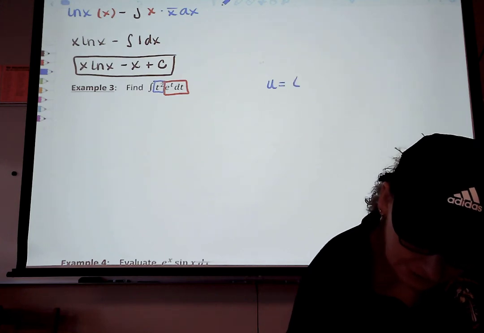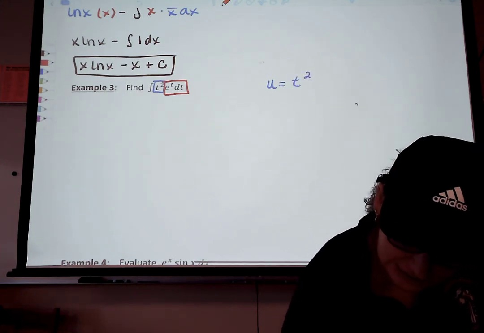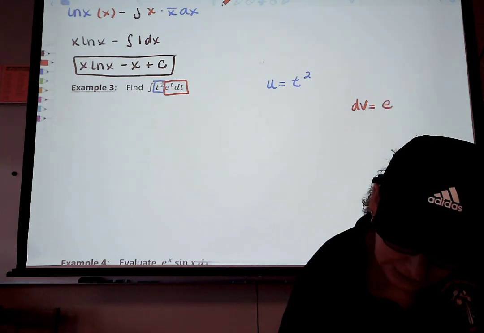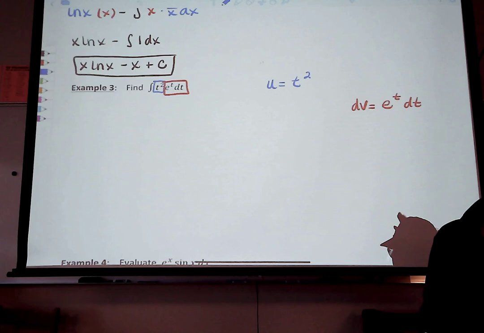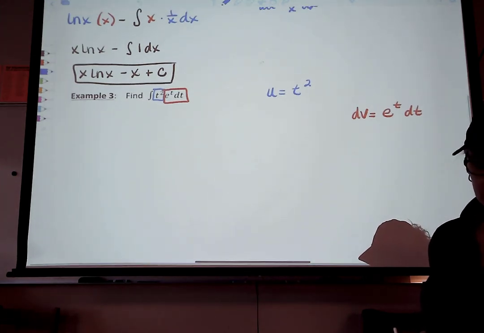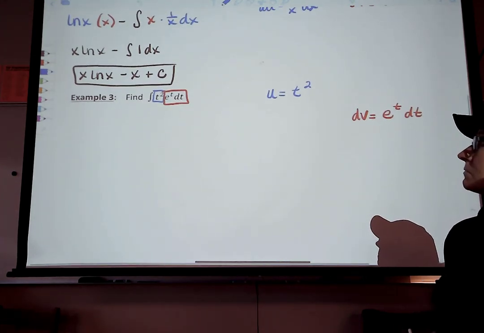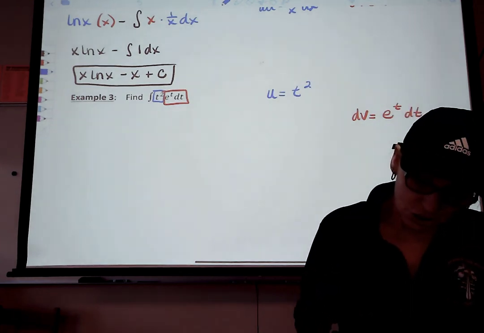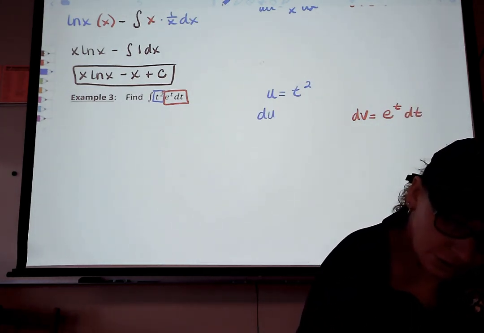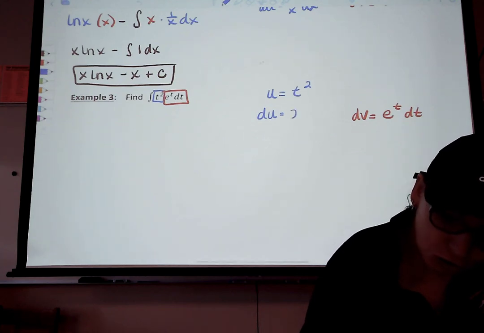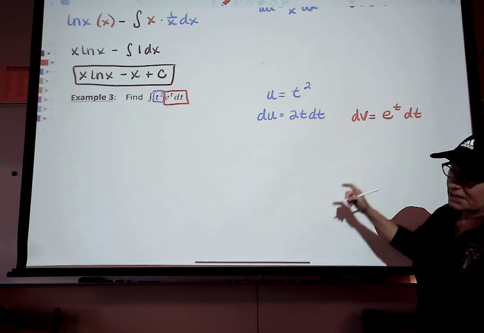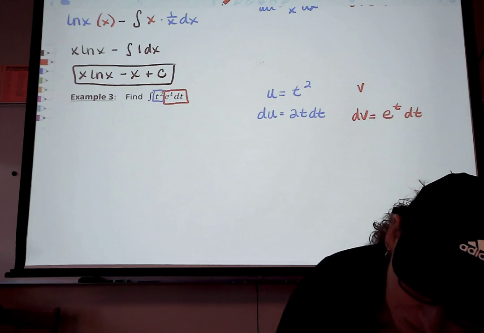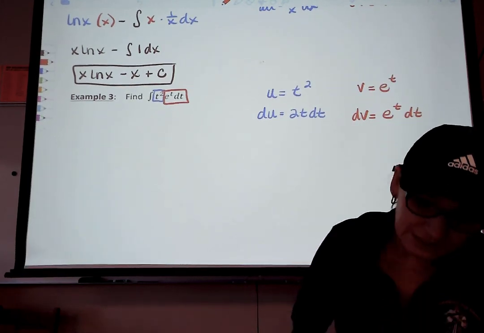U is equal to t squared, dv equals e to the t dt. So the derivative of u is 2t dt. And if the derivative of v is e to the t, that means that the original v had to be e to the t.